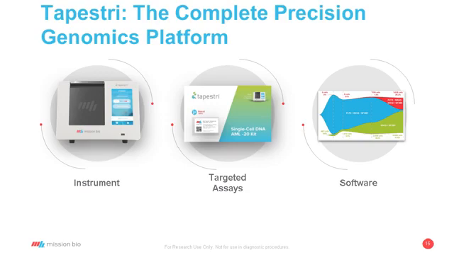So as a company, what we do is we develop instrumentation, we develop targeted assays, and full end-to-end software to be able to interrogate genomics at a single cell level.